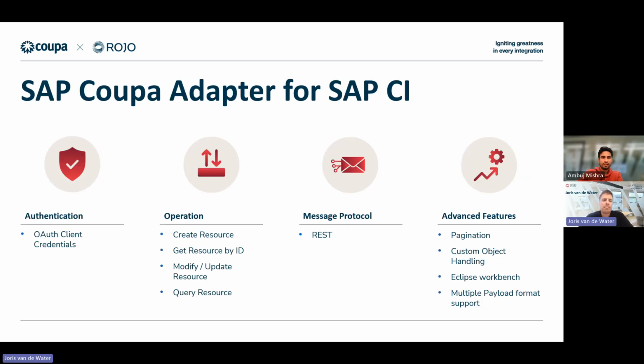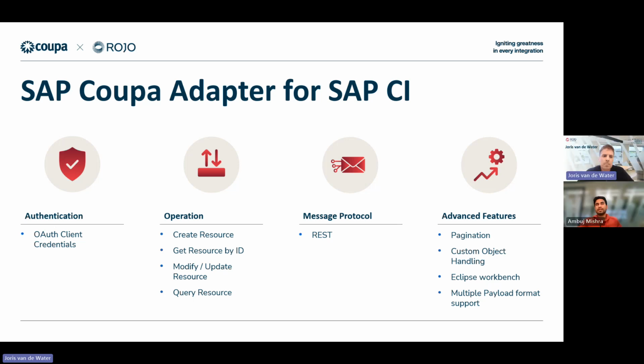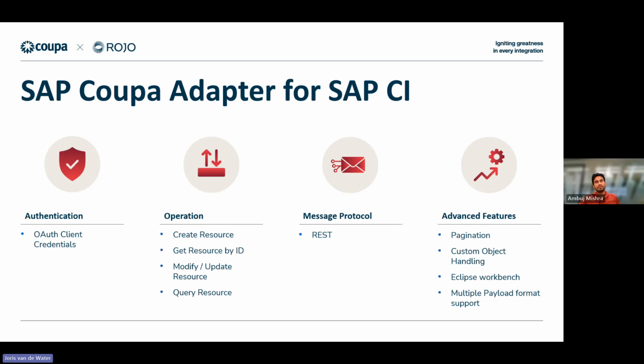Thank you, Joris. So let's talk about the Coupa adapter, which is a standard adapter of SAP, and it is officially published by SAP, and it follows the best practices of SAP, and it's free to use. So the adapter is based on the REST API of Coupa, and it provides a secure mechanism to connect with your Coupa platform through the CI.